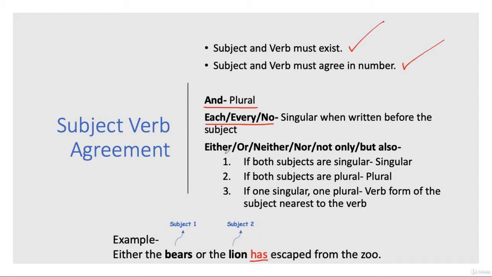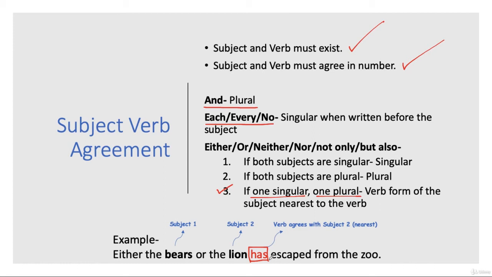Going by the condition either or, neither nor, and the case 3, one singular and one plural. As you can see, bears is plural and lion is singular. Verb form of the subject nearest to the verb. What is nearest to the verb? Nearest to the verb is lion, and hence our verb agrees with subject 2, which is lion.